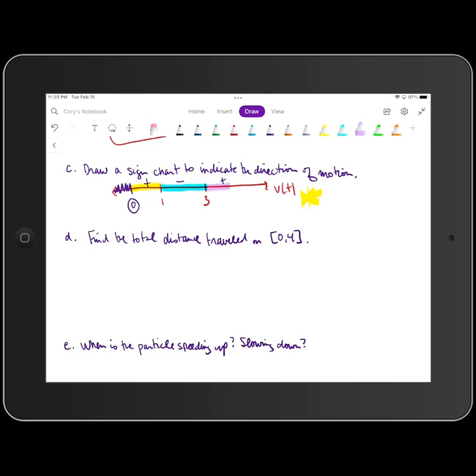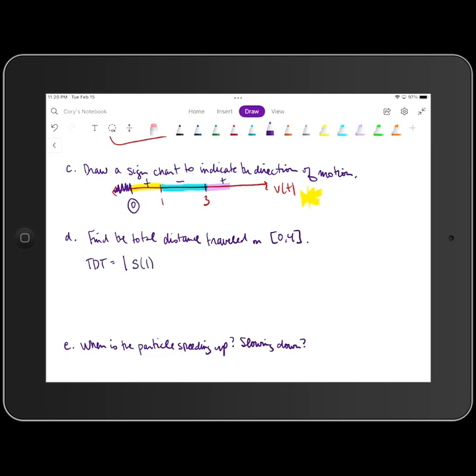That little piece in purple is going to be the displacement from 3 to 4. So if we want to compute total distance traveled, it's going to be the displacement from time t equals 0 to time t equals 1.